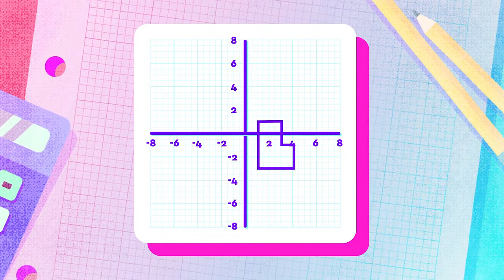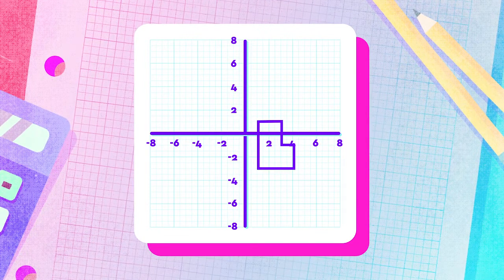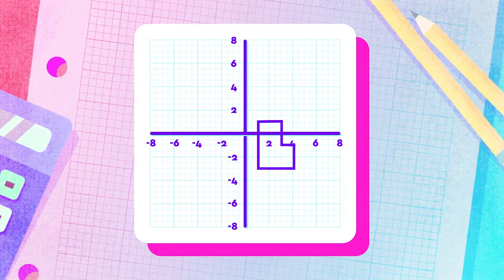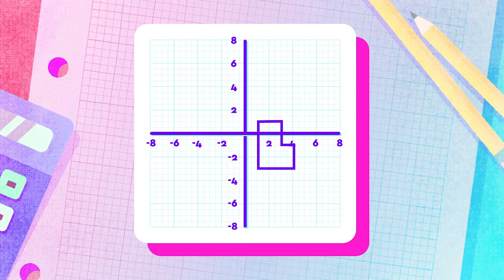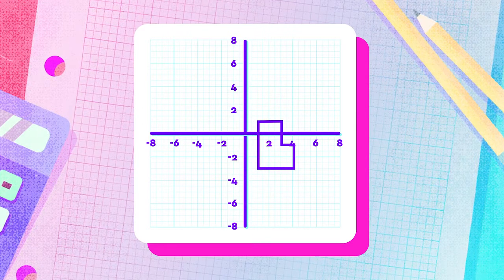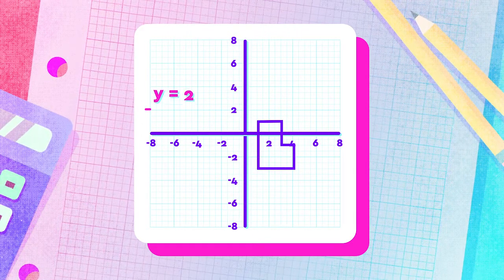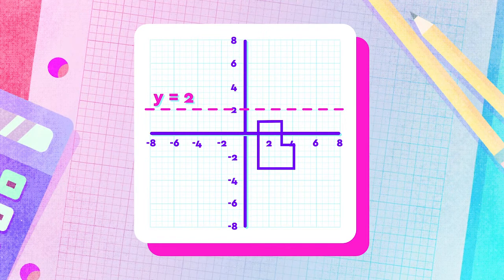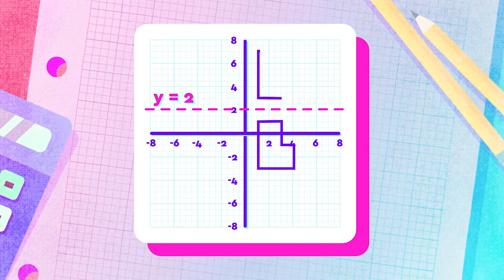The illustration shows a shape on a grid, and the question asks to do two reflections, one in the line y is equal to 2, and again in the line x equal to minus 2. We first draw a horizontal line that is the equation y is equal to 2.